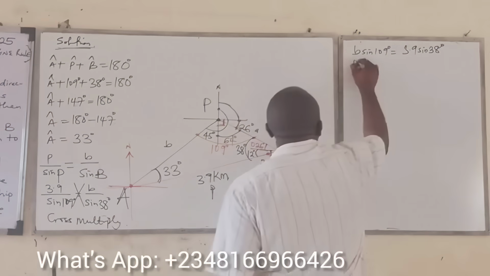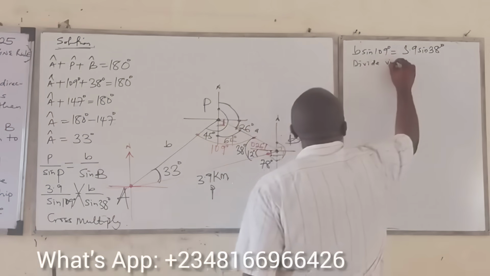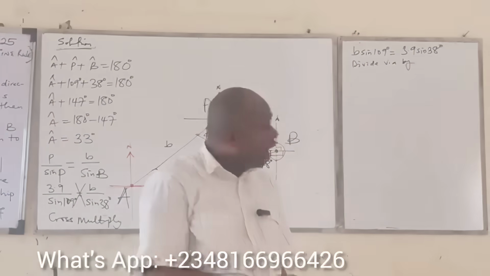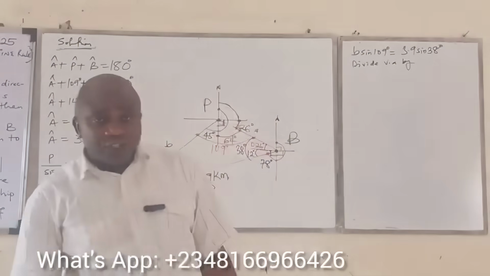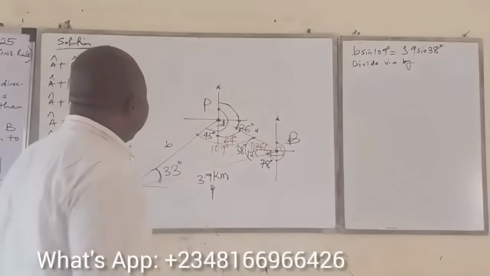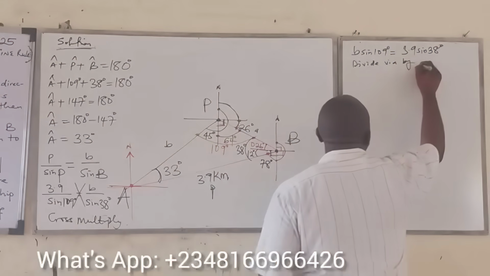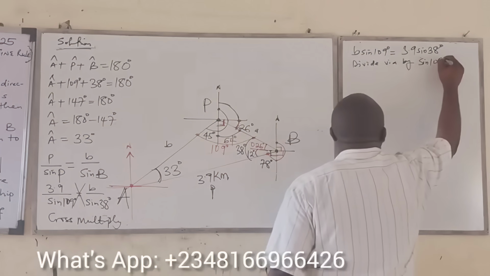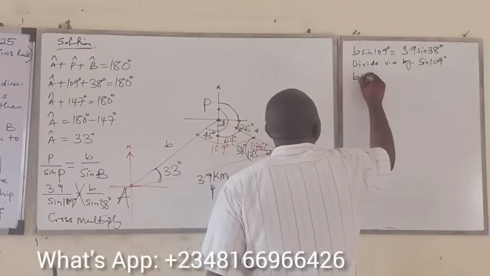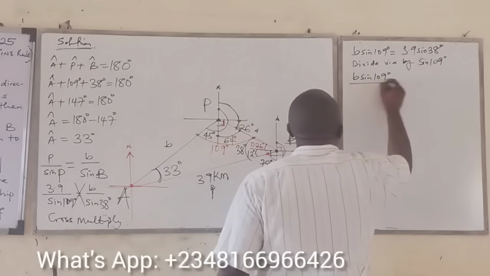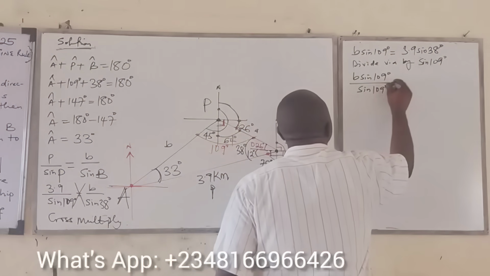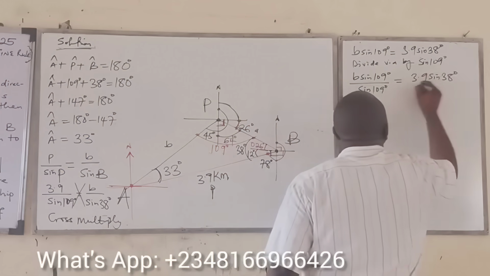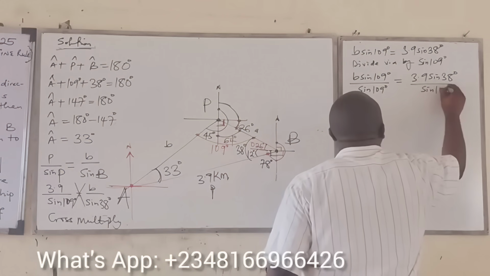So the next step is to divide through by the coefficient of small b. We can see that the coefficient of small b is sine 109, so we are dividing both sides by sine 109 degrees. So we have b sine 109 degrees over sine 109 degrees equal to 3.9 sine 38 degrees over sine 109 degrees.